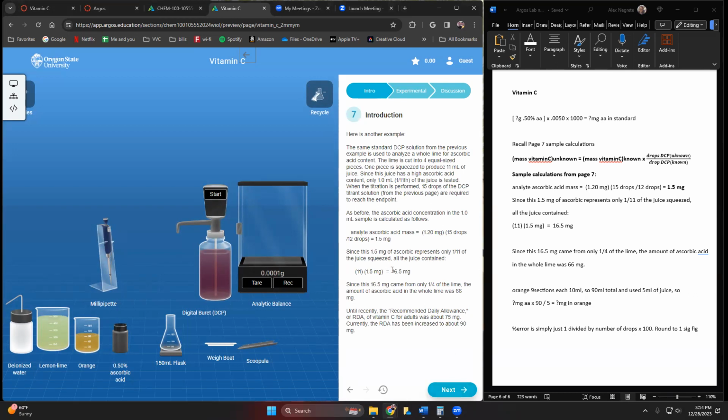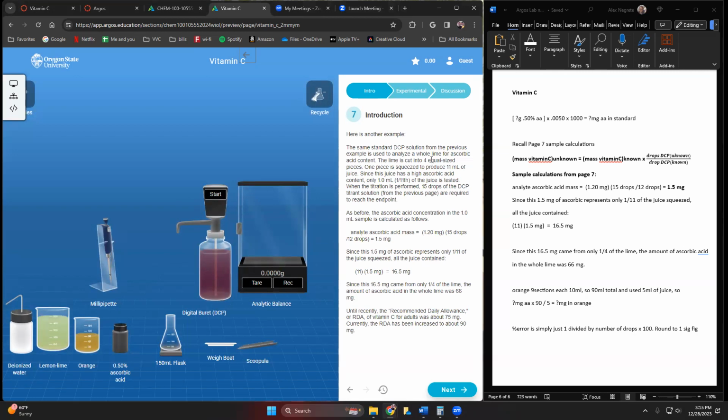And then we have some more. Because this is just a sample, when we're looking at drinks or fruits, the sample that we titrate is just a portion of what the entire content is. So we're taking a look at this.